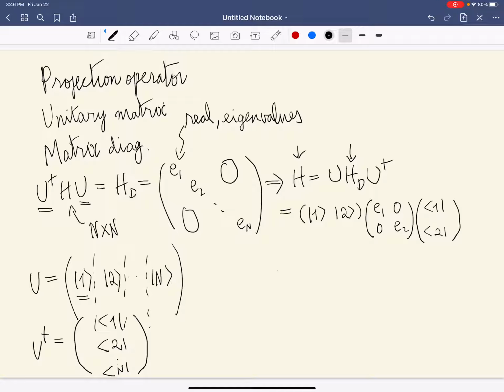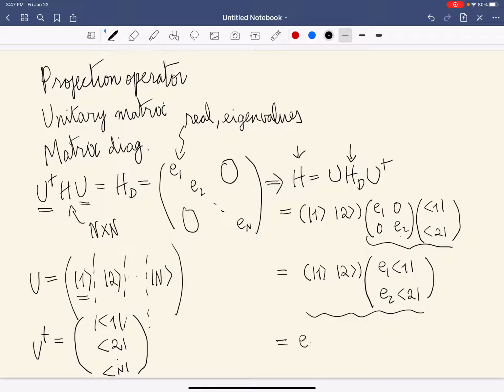So let's go ahead and perform some multiplication. This multiplication will give us E1 times the first entry, and for the second entry E2. And now finishing up this multiplication gives us E1 |1><1| plus E2 |2><2|.